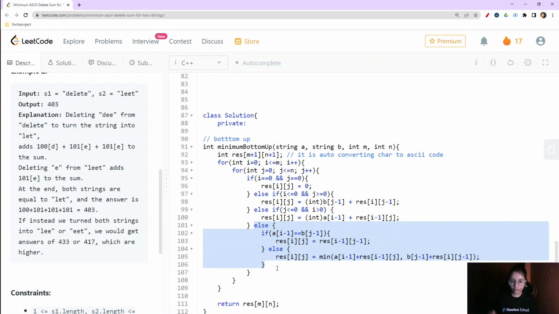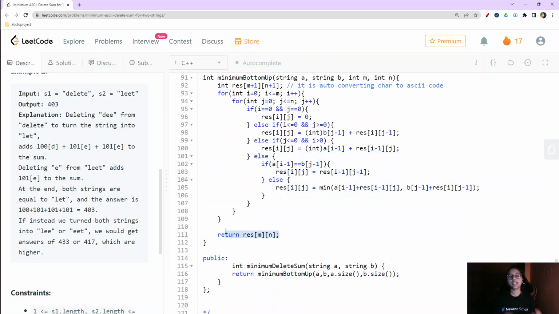So this is the thing which we would be doing here also, the way we were doing it in the recursive solution and then the memoized one. And then at the end, we will be returning this. And why are we choosing this M, N and why not I, J, or any other position in that table?